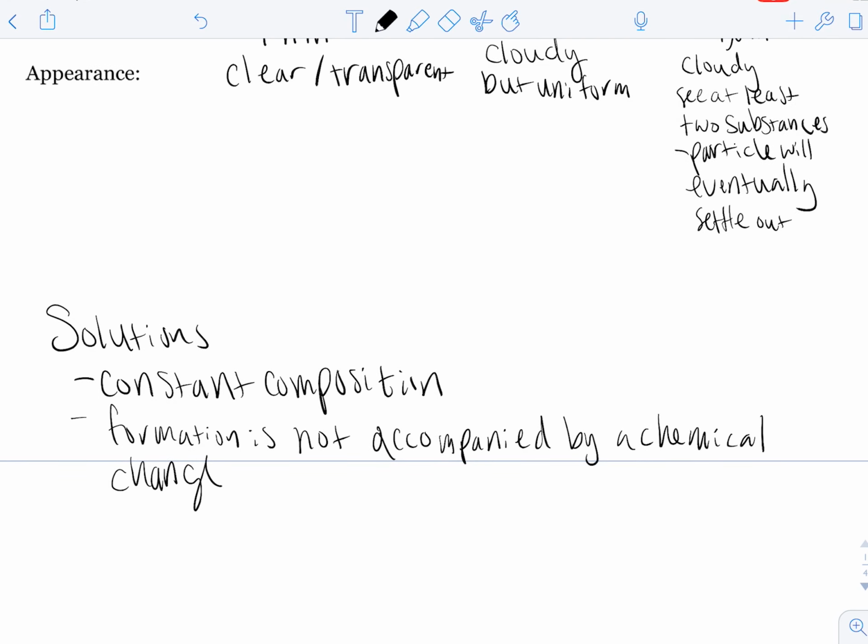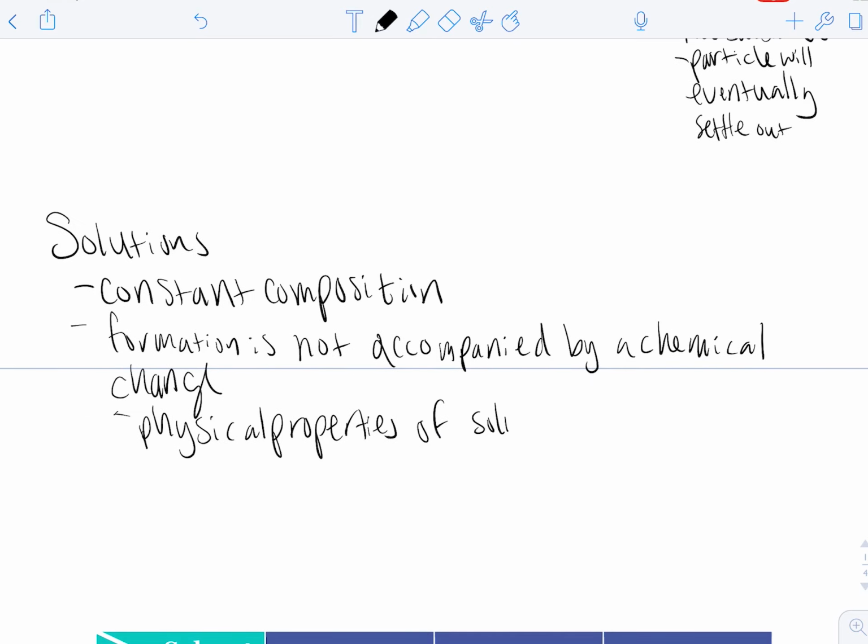We do have physical properties of solutions changing a little bit. So the physical properties of the solution are similar, but not exactly the same.